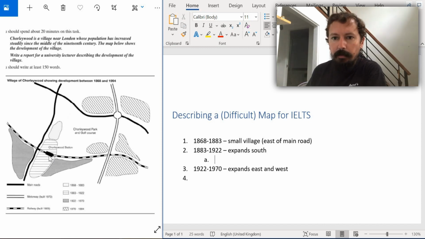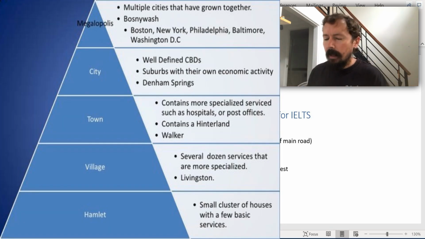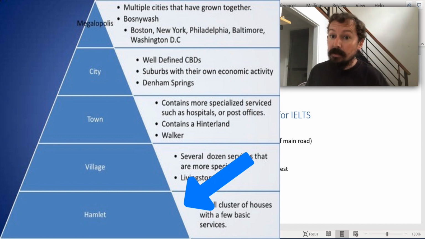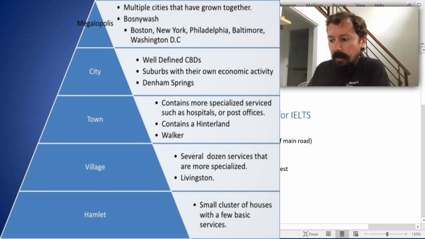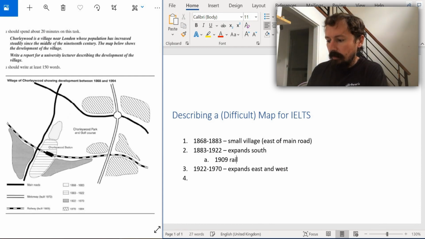I guess we can jump to the word town now, because village is the smallest type of settlement, and then town, and then city. Actually, a hamlet is smaller than a village, so a village is the second smallest. So it's worth mentioning the train here. So we can say 1909, the railway is built, and presumably the station is built too.